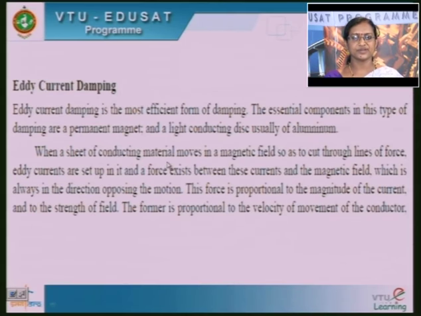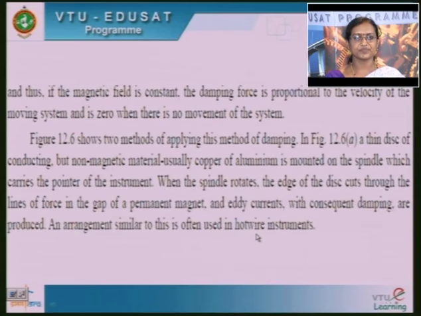This force is proportional to the magnitude of the current and to the strength of the field. The current is proportional to the velocity of the movement of the conductor, and the magnetic field is constant. The damping force is proportional to the velocity of the moving system and is 0 when there is no movement. Since it depends on the velocity, when the moving system is not moving, it will be 0.